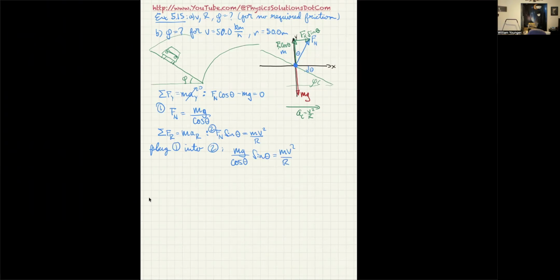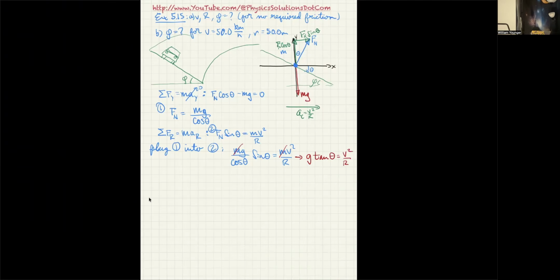And you can see again the m cancels out, which is great because if it depended on m, then we'd have a different speed for Mack trucks than we do for regular cars, and even a smaller speed for Cooper Minis and stuff like that. So luckily we don't have that, but we do know that sine over cosine is tangent, so we could write this as g tangent theta is equal to v squared over r.